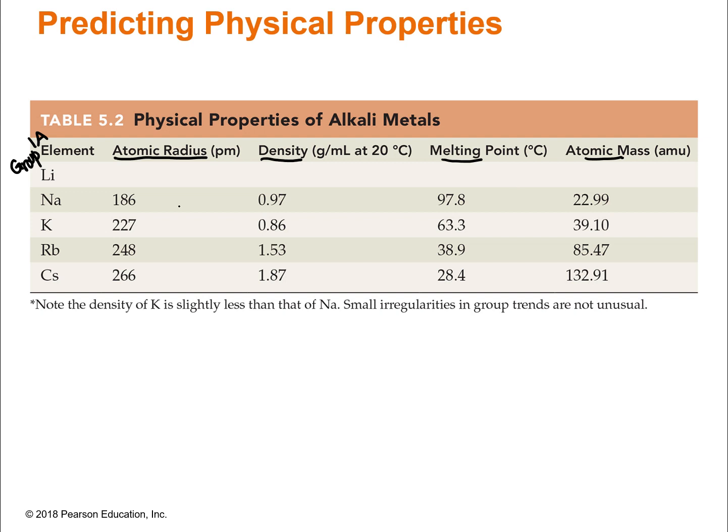Let's talk about the trend that we see with the atomic radius. Well, it should follow the one that we just talked about. We're going from a bigger radius to a smaller radius. With density, for the most part in this group, we're going from a high density to a low density.